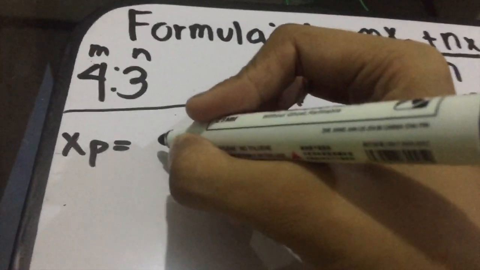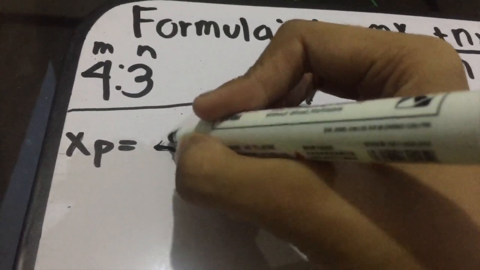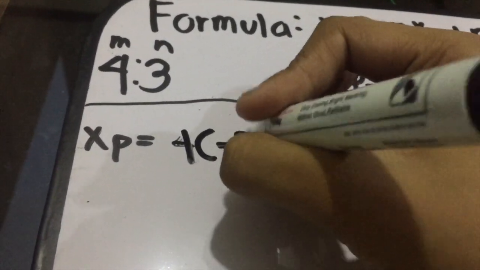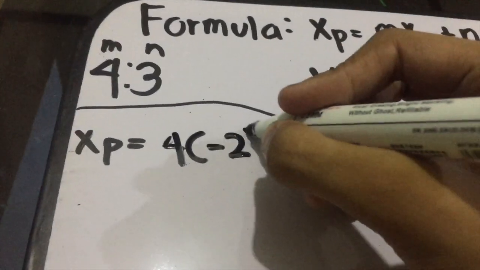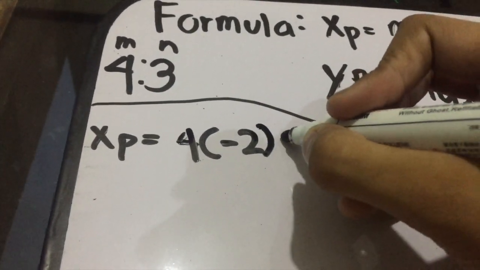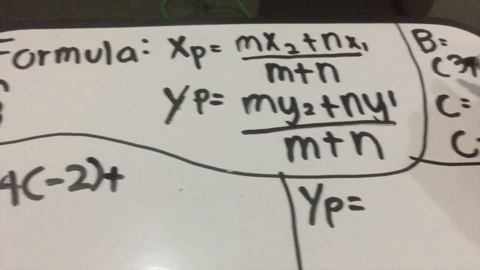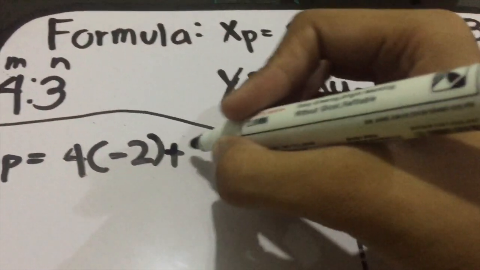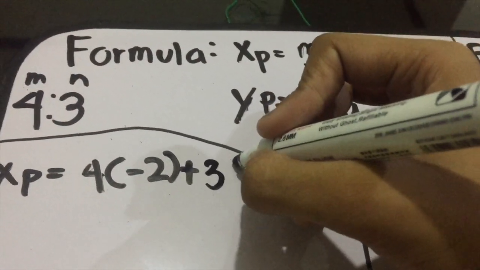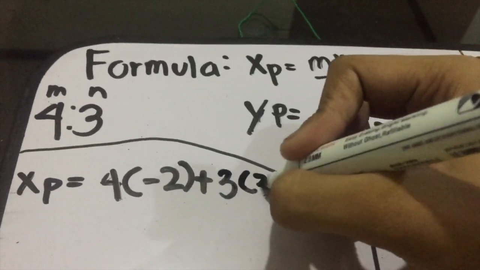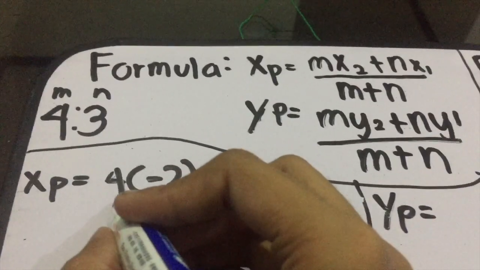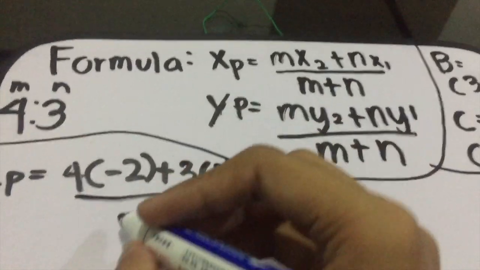That's y sub p, and we will do x sub p first. So we will write m first, which is the ratio, 4 times negative 2, which is our x sub 2, plus n, which is our ratio, 3. Then the x sub 1 is 3, so 3 times 3, over 4 plus 3, which is m plus n, which is already 7.